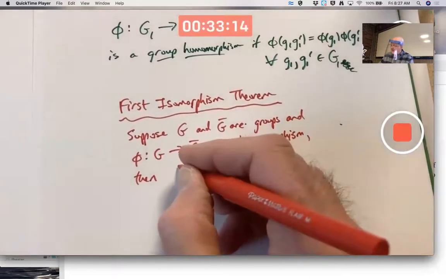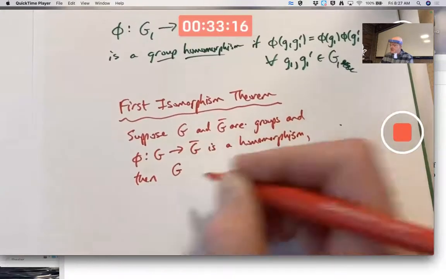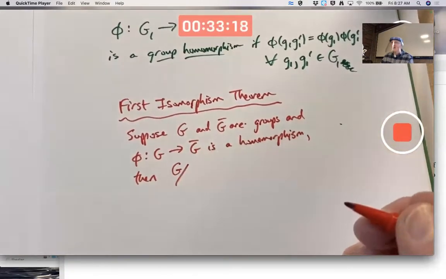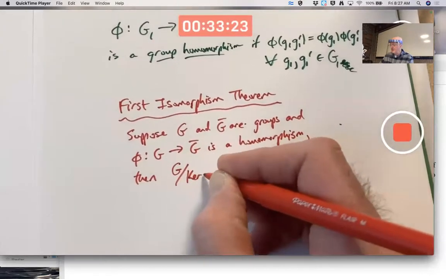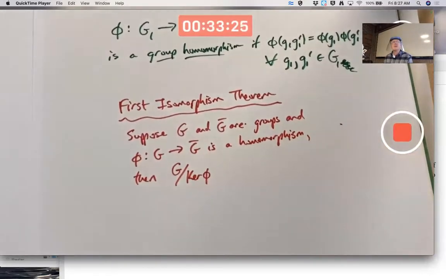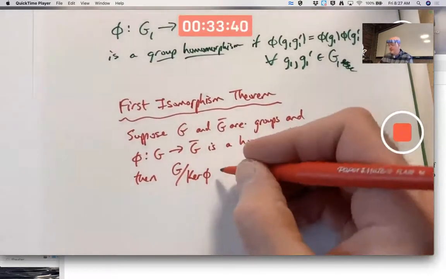Then the factor group G modded by, if you like, what's called the kernel of phi. You've heard of kernels before, haven't you? Null spaces, linear algebra. I haven't mentioned it here yet. We'll talk about it after I write it down.